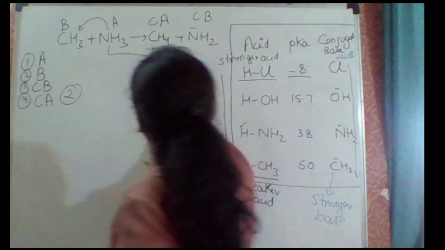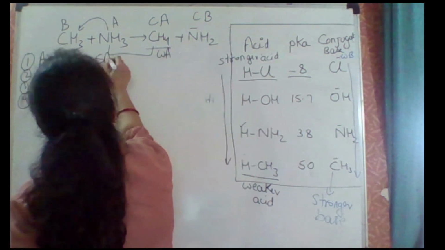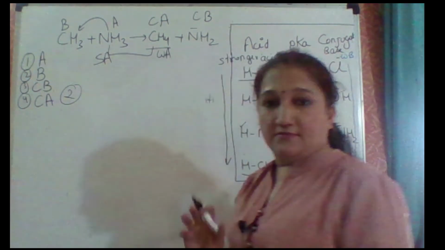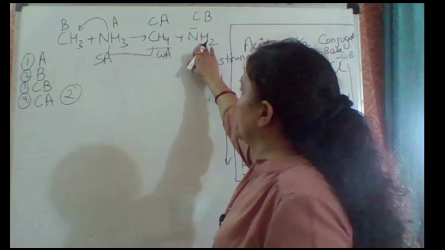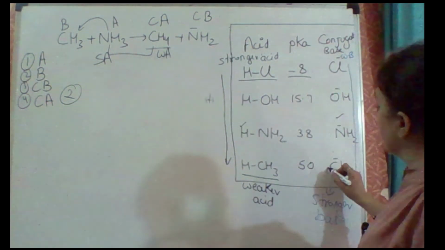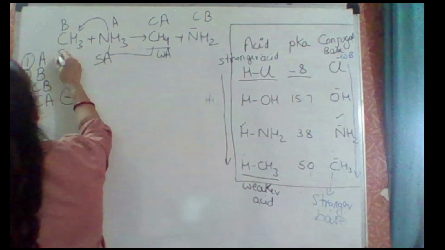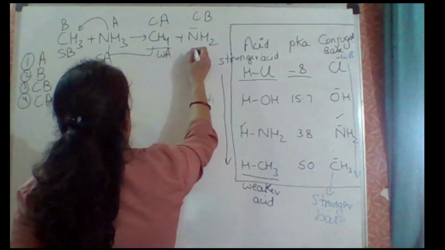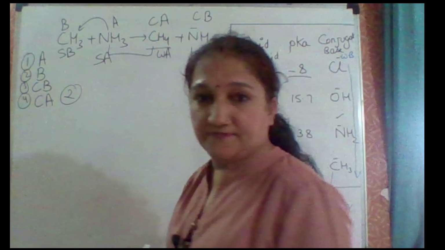So I am writing here WA, weaker acid. And ammonia is a strong acid. So I am writing SA. Are you getting the point? Out of CH3 and NH2, NH2 is above CH3. So CH3 is the stronger base. So I am writing SB for stronger base and WB for weaker base.